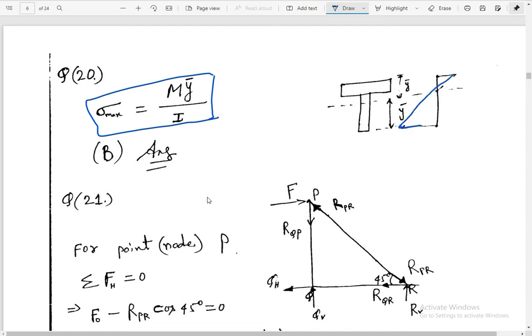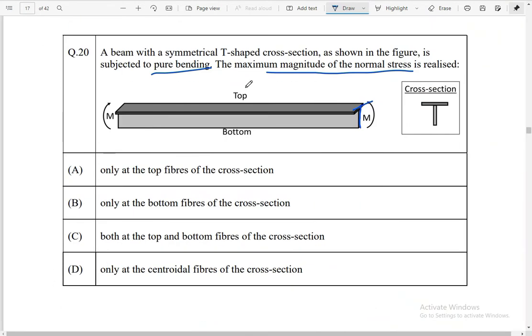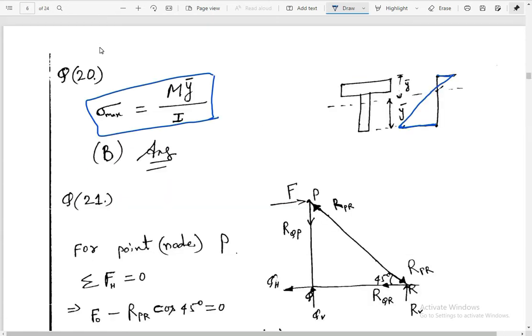And this is the stress diagram. So for question number 20, the maximum magnitude will be at the bottom. You can see according to this graph, this is the upper side and this is the bottom side, and this is the maximum stress.